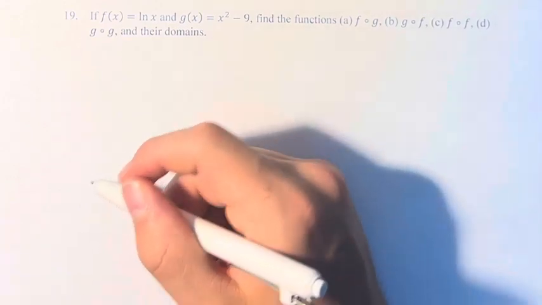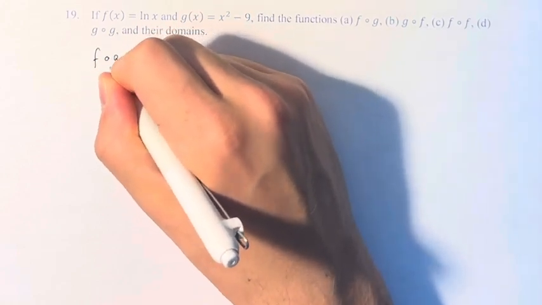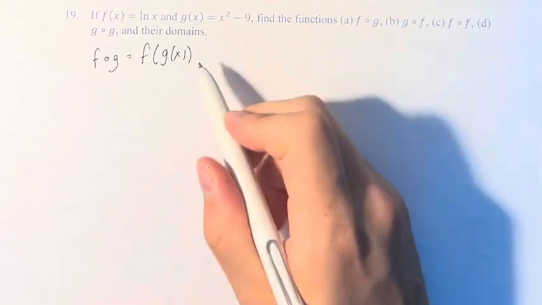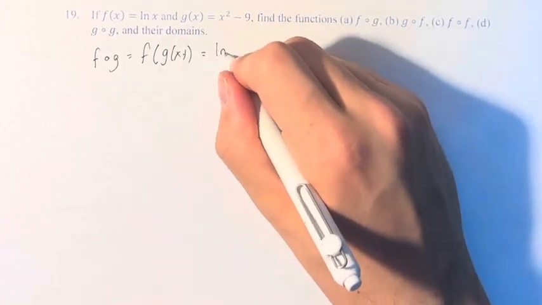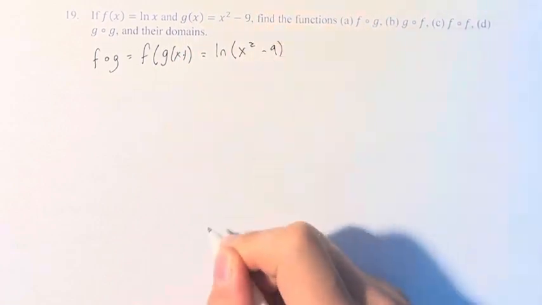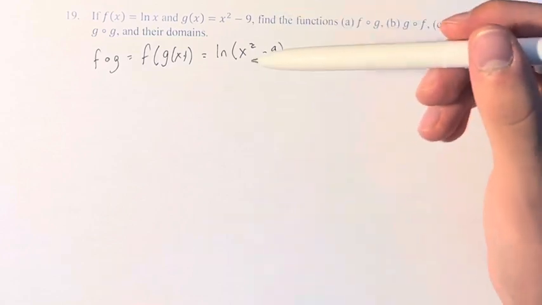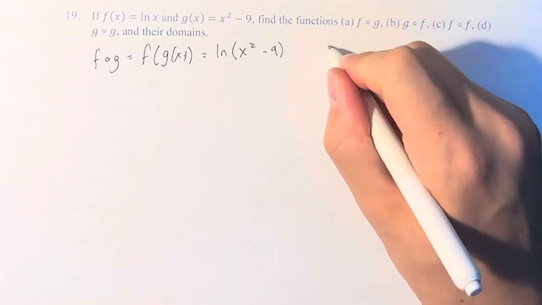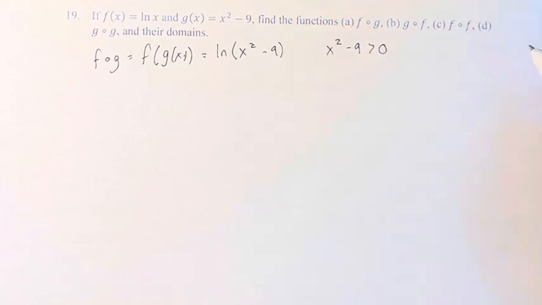So with that in mind, we start with f of g, which can be written as f of g of x, meaning we plug in g of x into f of x. So this becomes ln of g of x, which is x squared minus 9. So this is the function. Like I said before, the restriction is that what's inside the ln, x squared minus 9, has to be greater than 0.